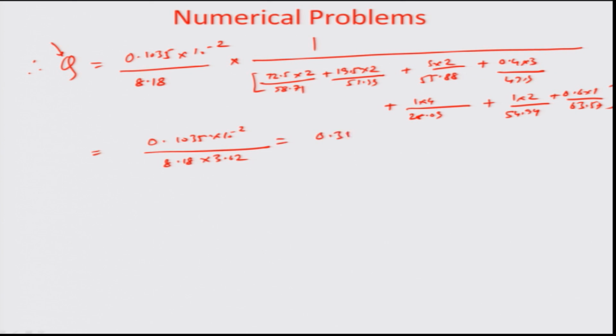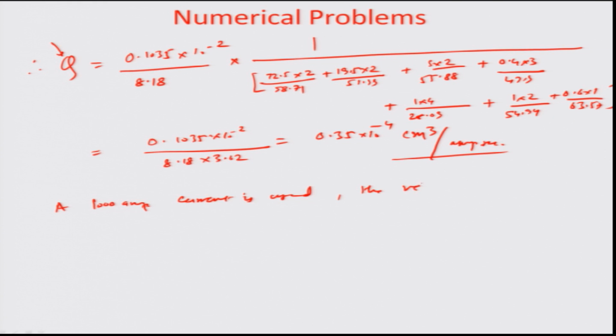In other words, 0.35 10 to the power of minus 4, and the units here are centimeter cube per ampere second, meaning volume per unit charge which is being removed. Now, we already know that 1000 ampere or 1 kilo ampere current is used, the removal rate therefore would be equal to 0.35 10 to the power of minus 4 times 1000.